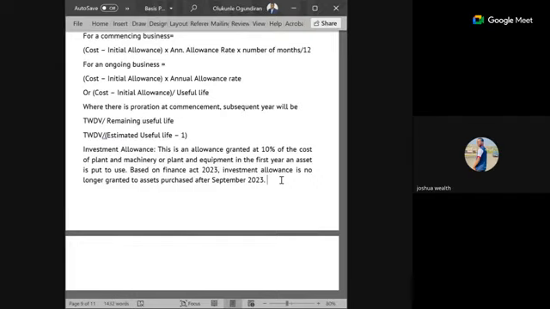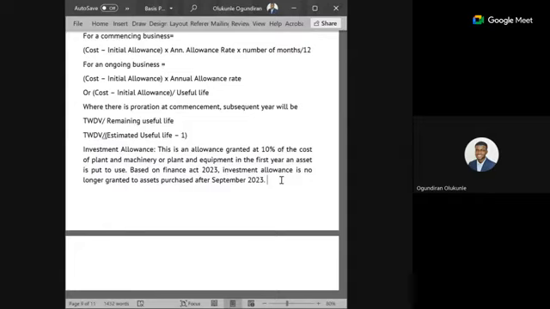I get your question. I'm saying that individual plants will be granted investment allowance, not the entity. Okay, so even if they buy like 3 industrial plants, we charge investment allowance on all the 3. Yes.